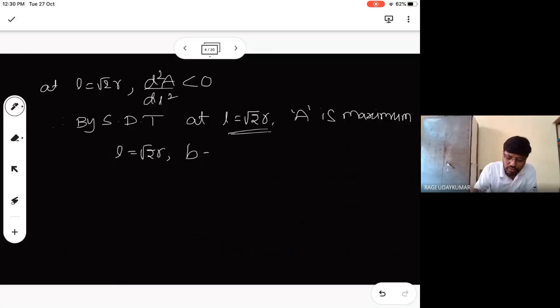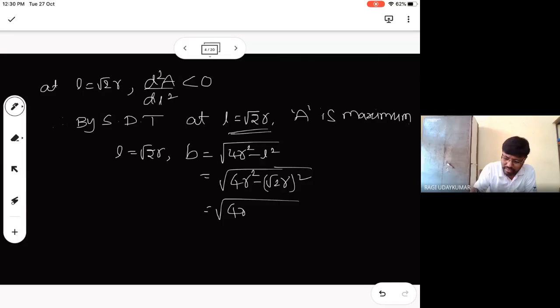So B is equal to what? B is equal to under root of 4R square minus L square, which is equal to under root of 4R square minus root 2R whole square. So under root of 4R square minus 2R square, which is equal to under root of 2R square, which is equal to root 2R. So length is root 2R, breadth is root 2R.